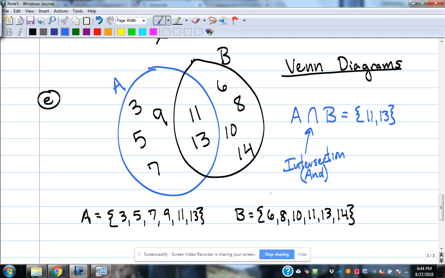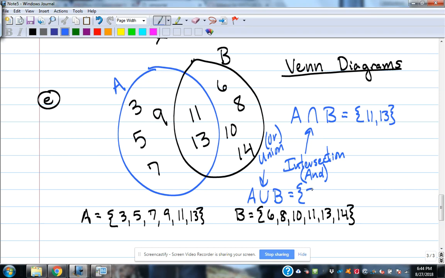Unions are ors. What are the elements that are in A or B? Doesn't have to be in both. Just got to be in one of them or the other one.